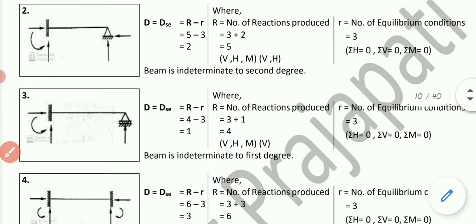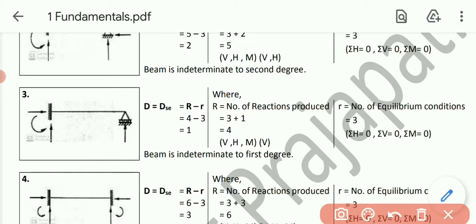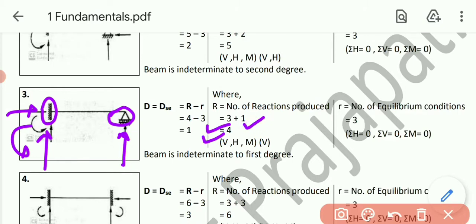Let's see some of the other examples. Example number 3. Again a propped cantilever beam is there, with a fixed support and a roller support. For the fixed support, 3 reactions are there: vertical, horizontal, and moment. That is 3. For the roller support, only one vertical reaction will be produced, that is this one. So 3 plus 1, total unknowns are 4.